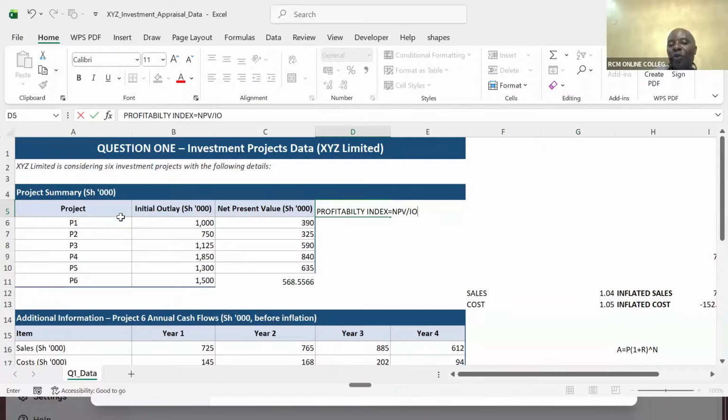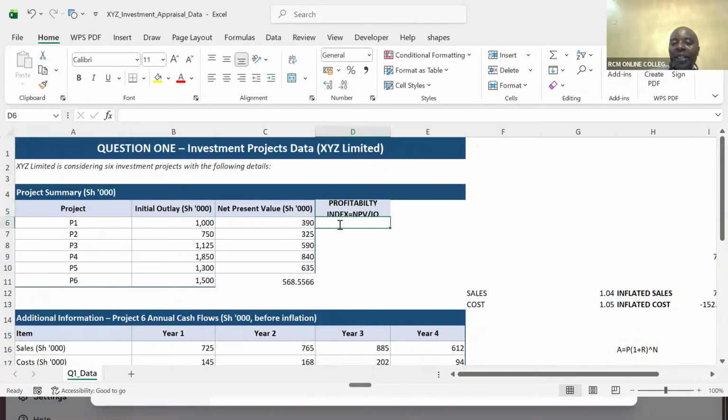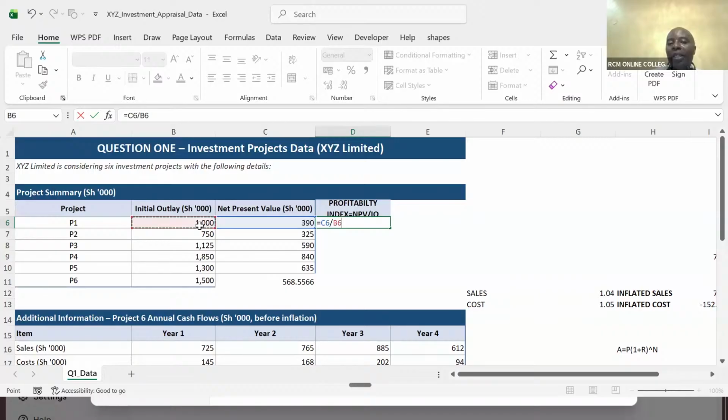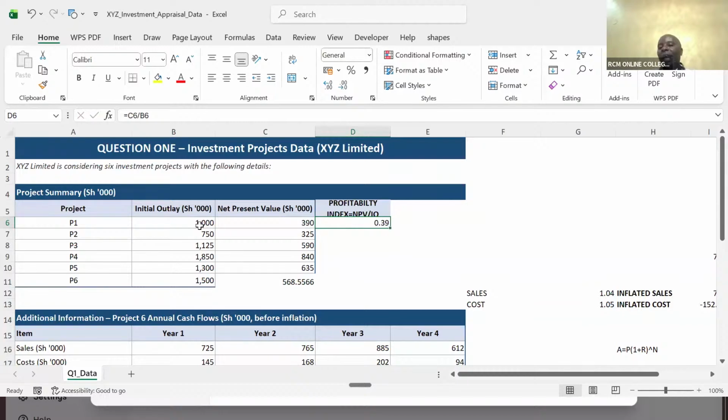However, you can still convert these NPVs to present values, but why should you do that? You'll end up getting the same ranks. So come here and say equals, you take this net present value, divided by the initial outlay. Don't lock anything. You simply say Control Enter, and then copy this down. Autofill all the way to the very last one.